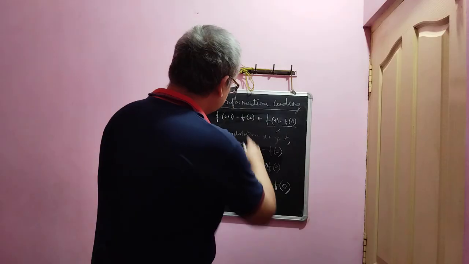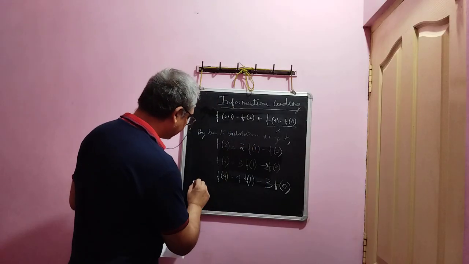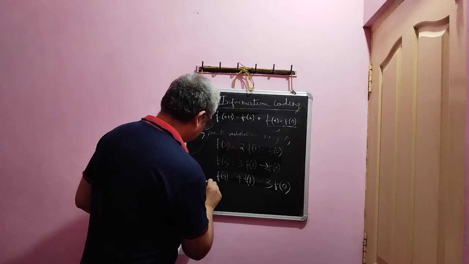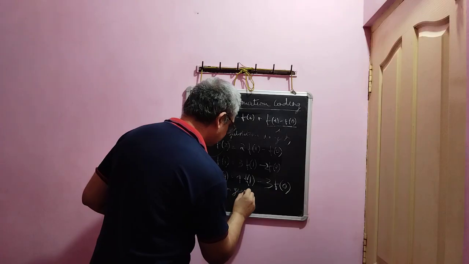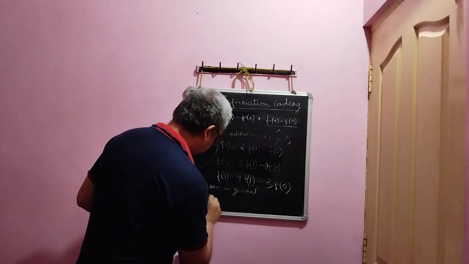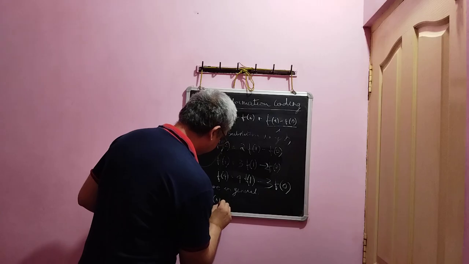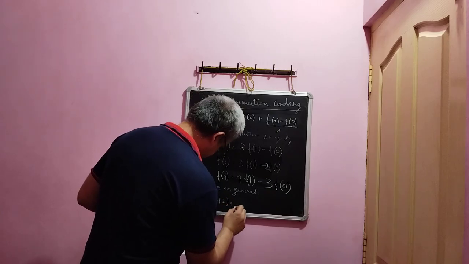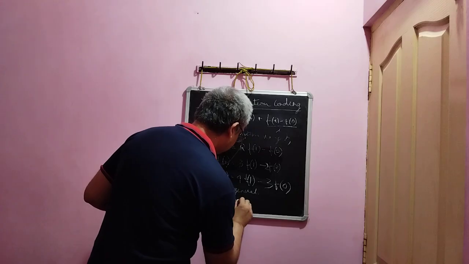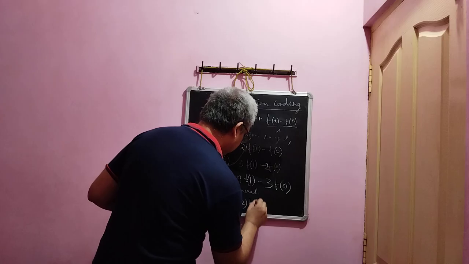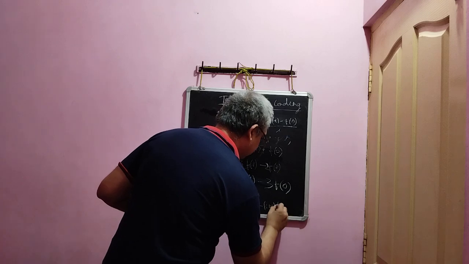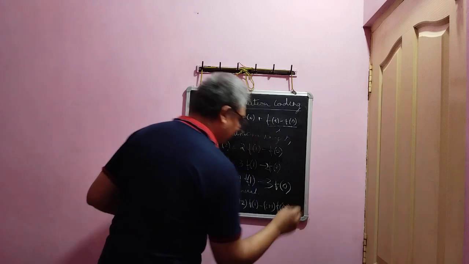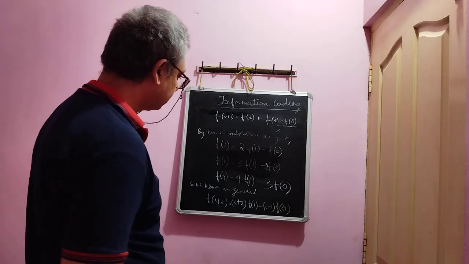Okay, so we can clearly see a pattern emerging here, and we have in general f of I plus 2 is equal to I plus 2 times f of 1 minus I plus 1 times f of 0.